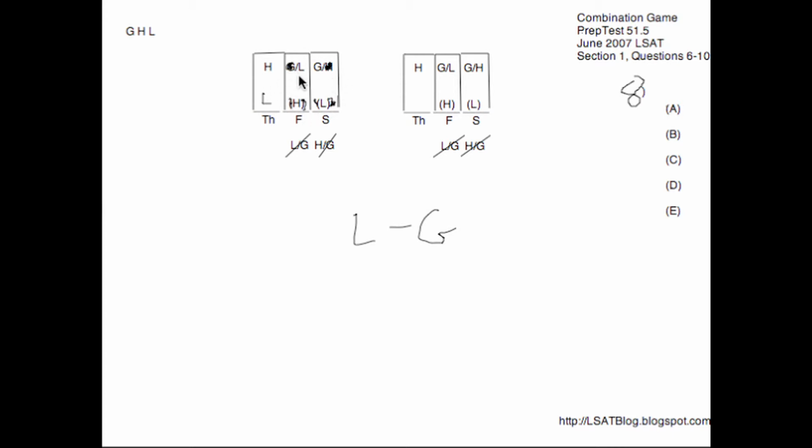So in this diagram on the left, we're able to fit in 6 variables, but no more than 6 because we can't fit in any G's on Thursday or Friday due to the constraint from the question stem, of course. Now, on the other diagram, where we want to put G as early as possible and have only one L, how would that play out? Well, we're not going to want to have L on Saturday since that would prevent us from having any G's coming earlier. And of course, we're going to want to put G on Friday as well, because if we had L on Friday, we wouldn't be able to have any G's coming before it.